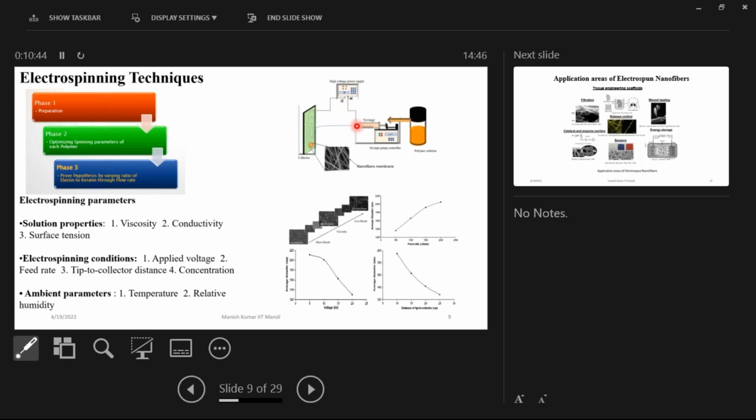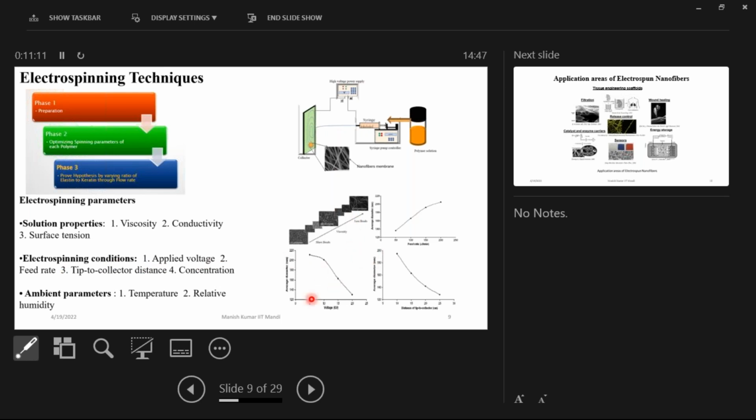The collector is grounded, so the electric forces play an important role. When this voltage is applied, cone formation occurs. This is known as the Taylor cone formation, and then the jet stretches out and the fibers deposit on the grounded collector.